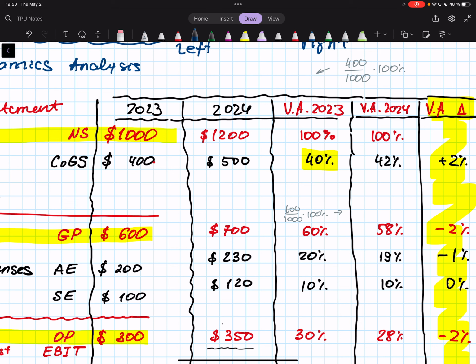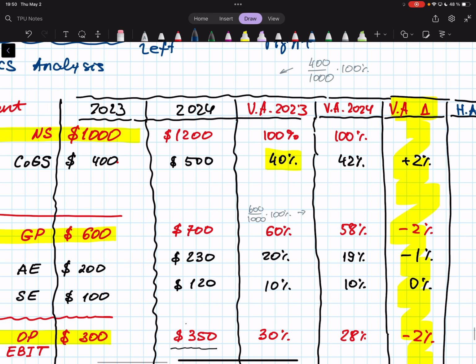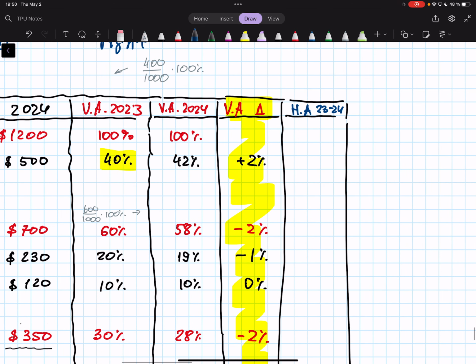Net sales were 1,000. And in the year 2024, 1,200. Okay, so yeah, I'll use two columns.